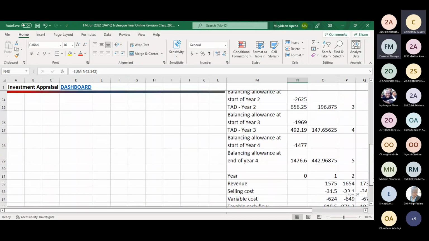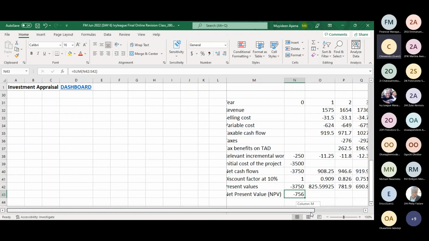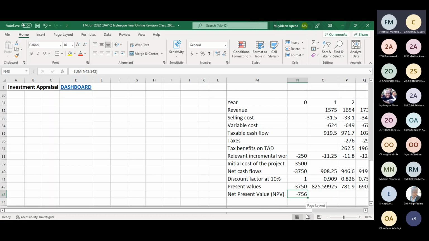Interesting. So when you see something like this, you feel uncomfortable, isn't it? So you just want to do a second check, just to be sure you capture everything. Because I'm sure everyone will be expecting a positive NPV.